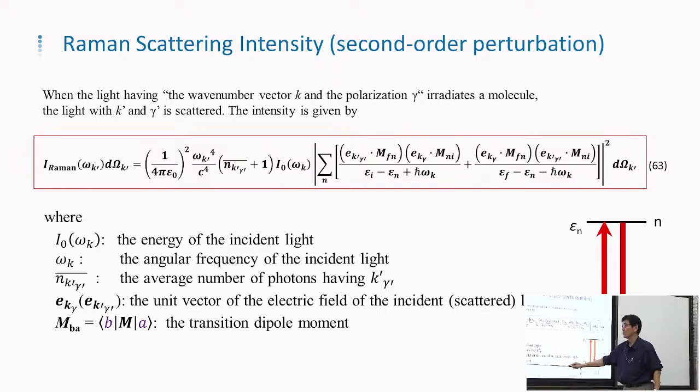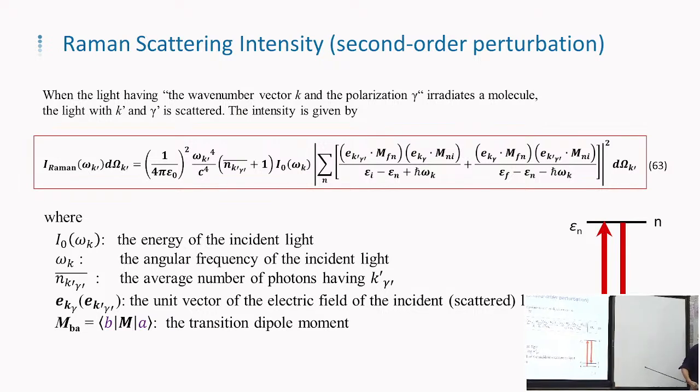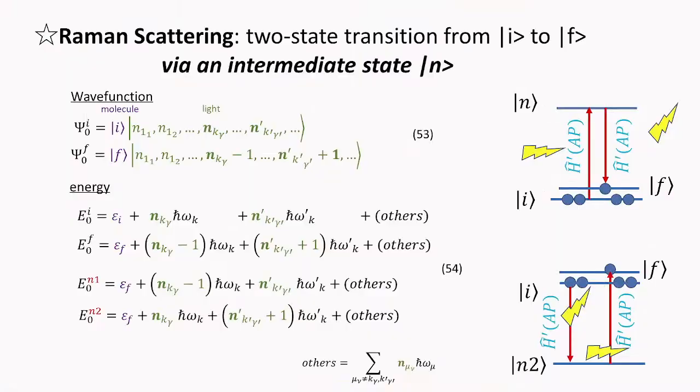And again, M_BA is the abbreviation of the integral of B M A. This is the so-called transition dipole moment from state A to state B.